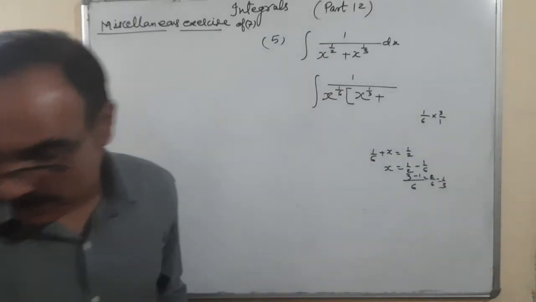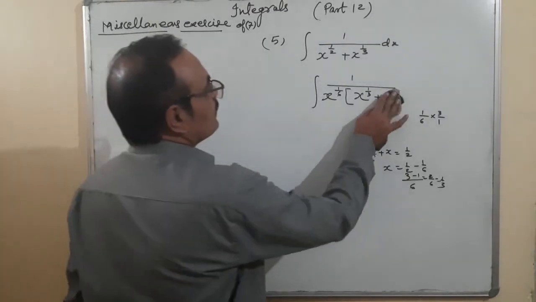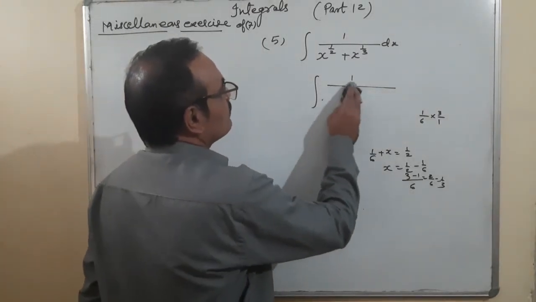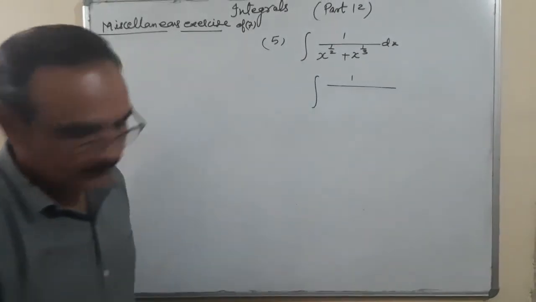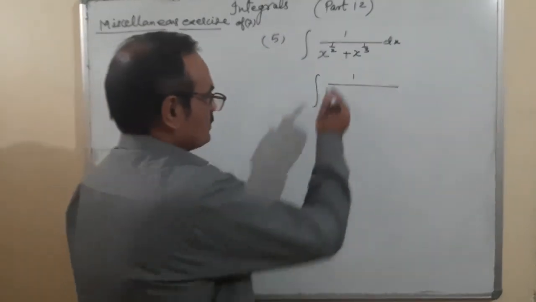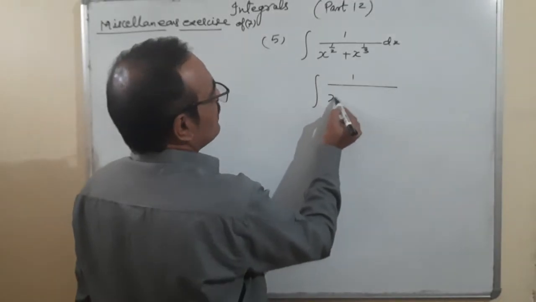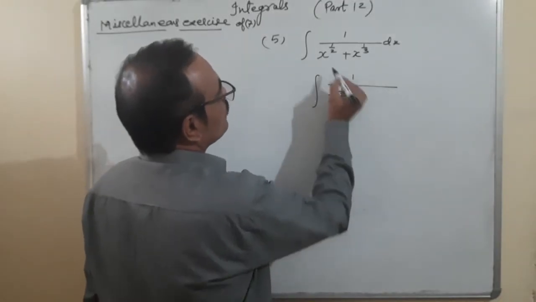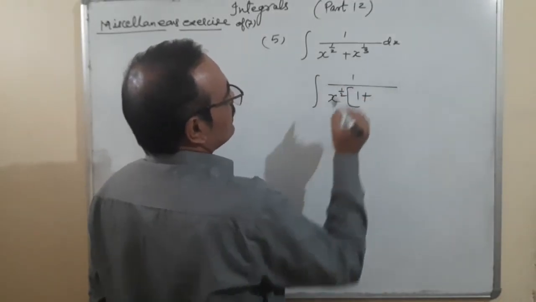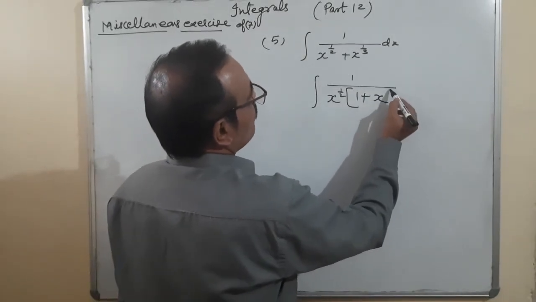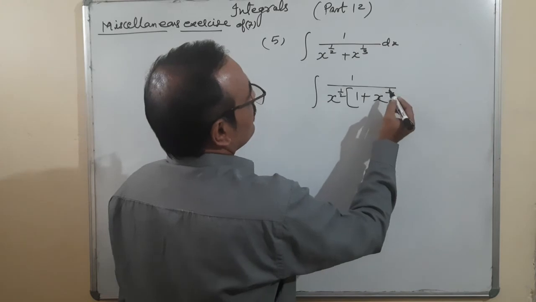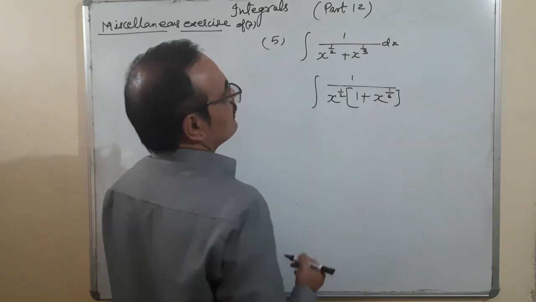So better to take 1 by 2 as common. What should be taken common here? 1 by 2. Then inside it will be left 1 upon 6. Because out of them anyone, I am taking x to the power 1 by 2 common. What is left here? 1 plus, now here what is x to the power, may I write 1 by 6? How is it? Let us check.